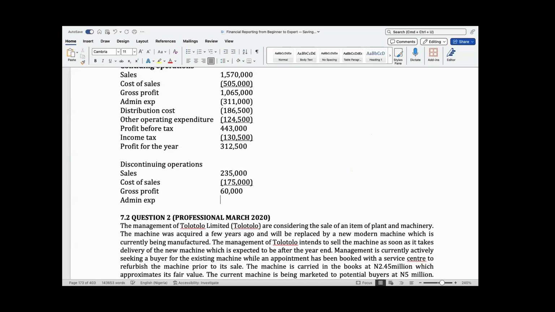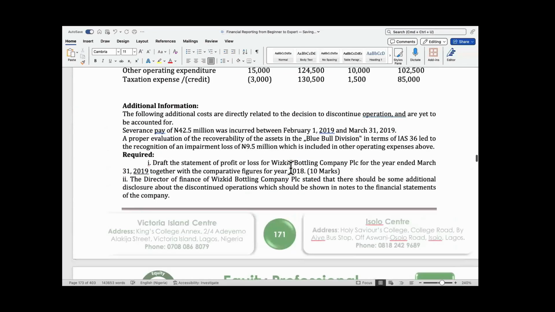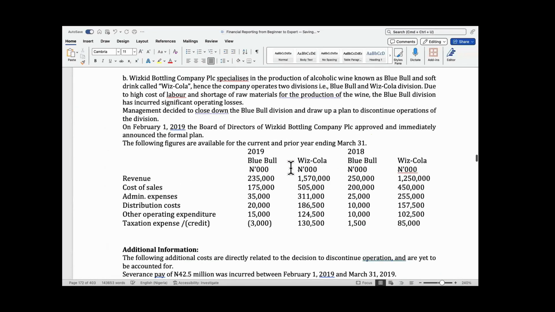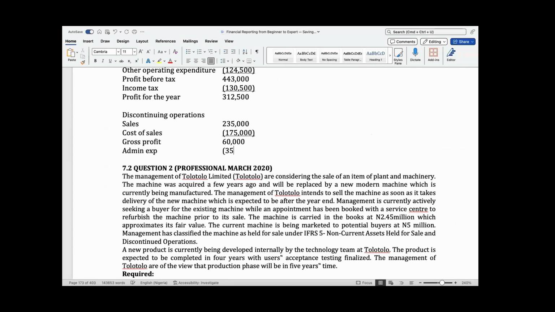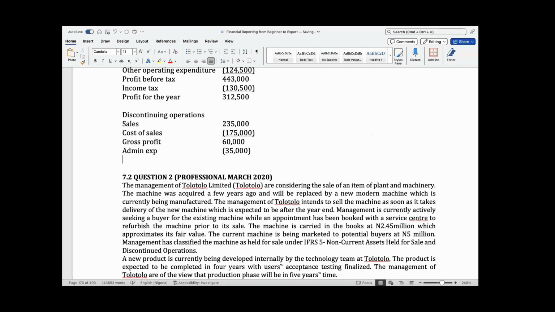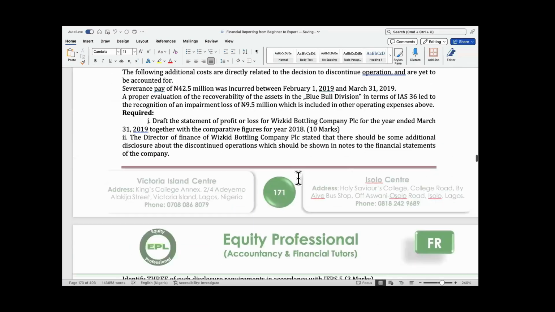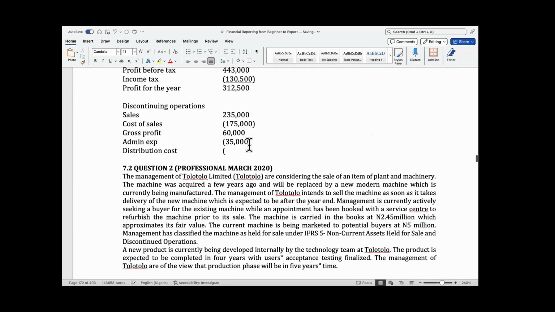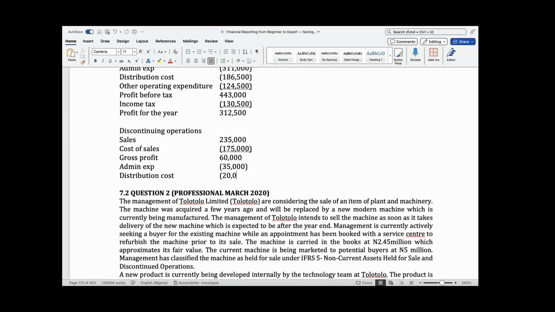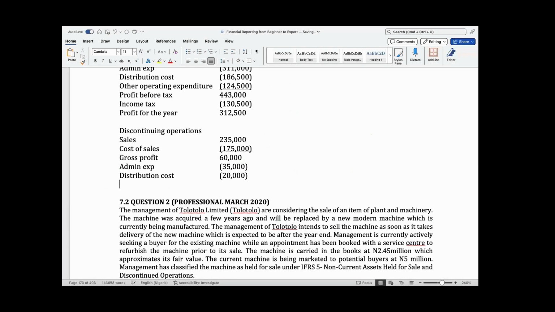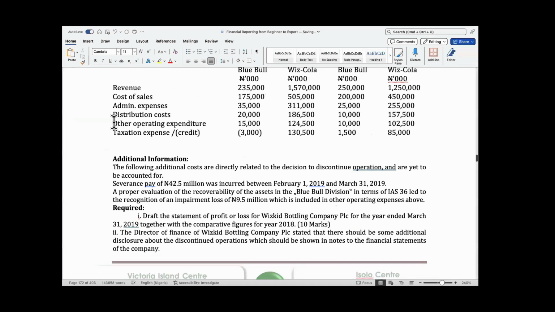Then how much is my admin expense? 35,000. How much is my distribution costs? Distribution cost is 20,000. Then my other operating expenditure is 15,000.